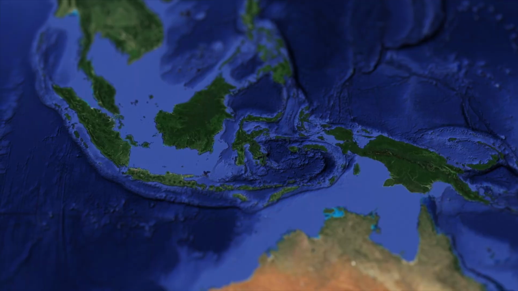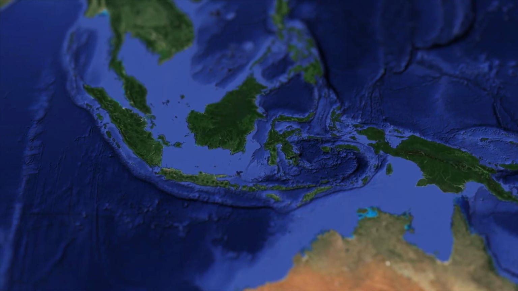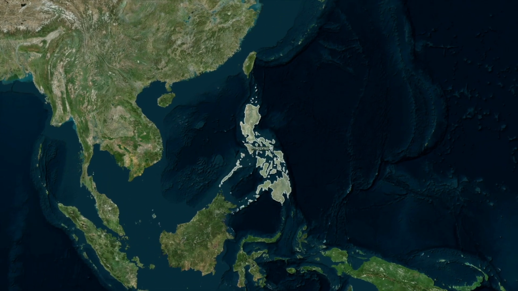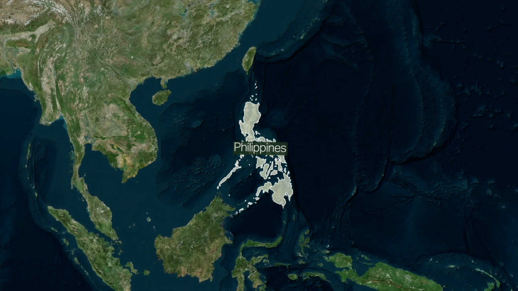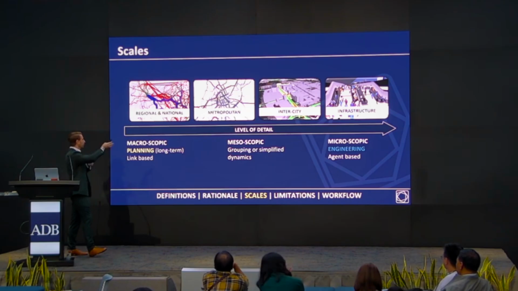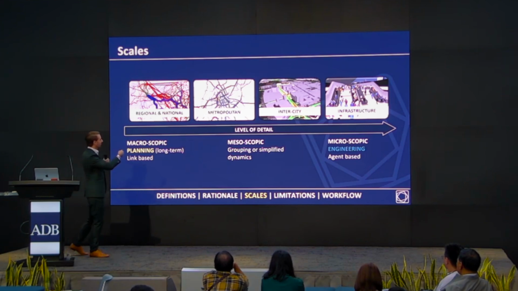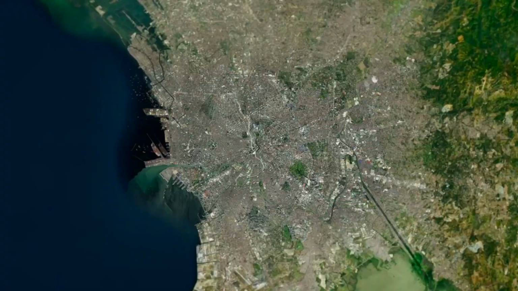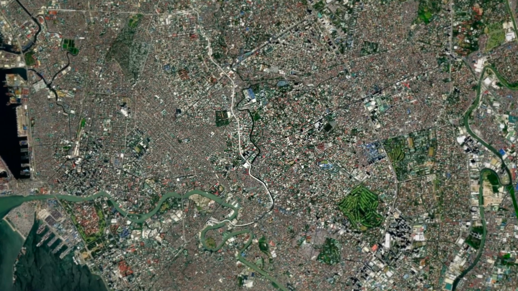You could have a model for all of ASEAN or all movements in the Philippines, including your road-based traffic, but your rail as well as your air traffic, your boats. You could have a model at that national level, or you could have a metropolitan level model, say for Metro Manila, or for your city, or for part of your inner city.